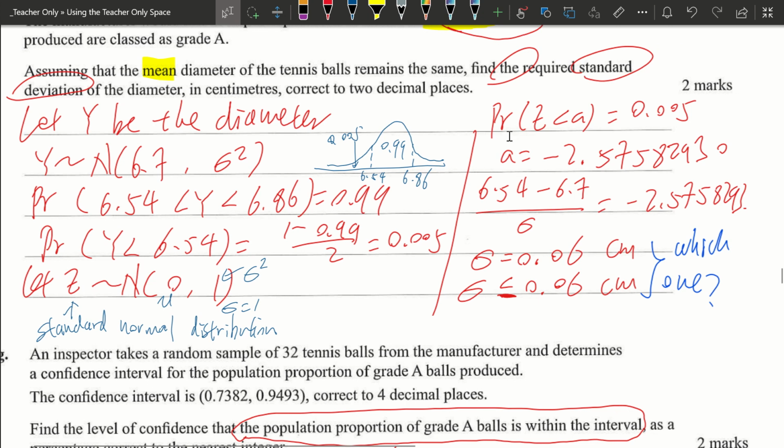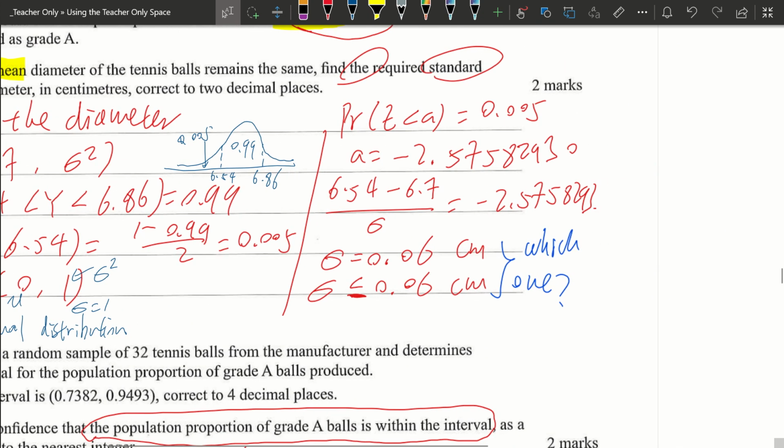Why is that? Because I can calculate the area on the z scale. So this is the y scale. On the z scale, I can calculate this. Whatever this A is, the area is 0.005.